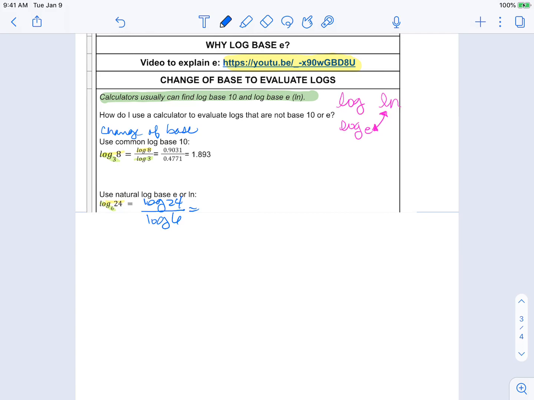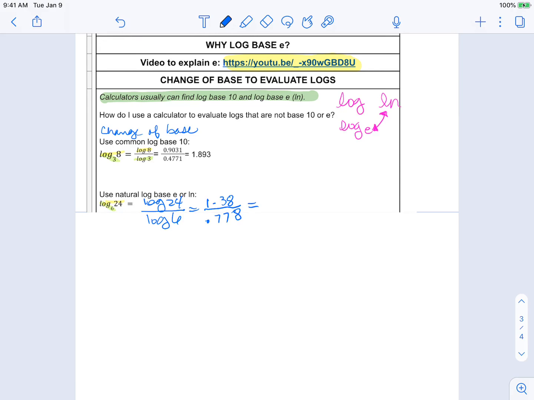I say log of 24, and this gives me 1.38-ish in the numerator. And then I do my log of 6, and this gives me 0.778-ish in my denominator. I'm sort of rounding here.